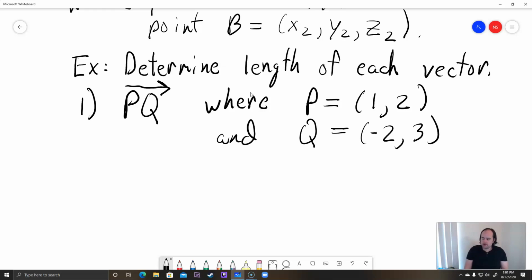Okay, so we want to find the length of PQ, where the initial point is capital P equals 1, 2, and capital Q equals -2, 3.